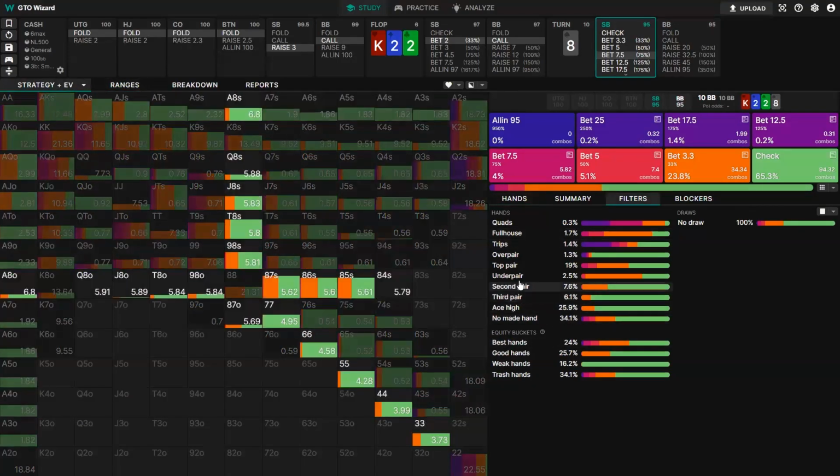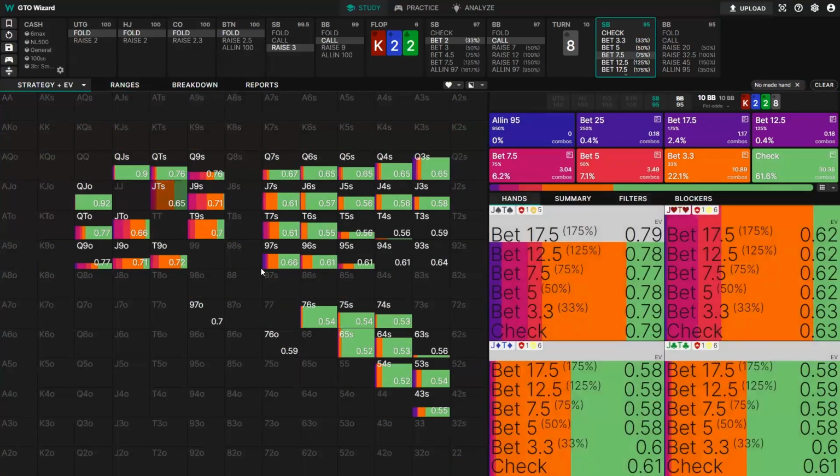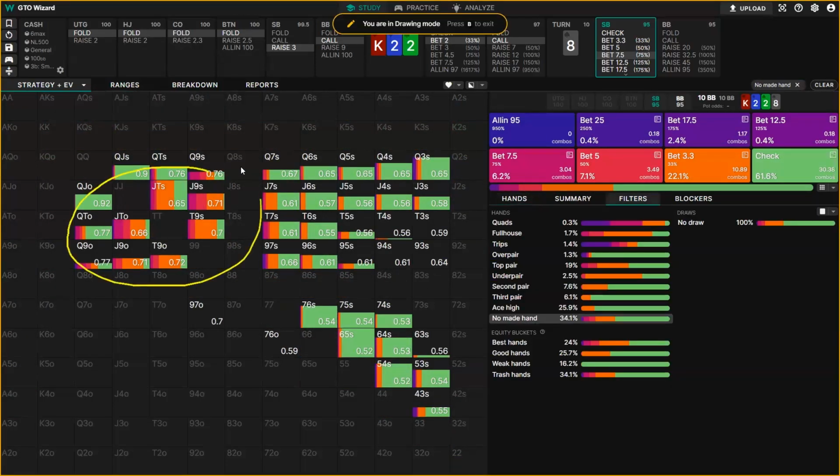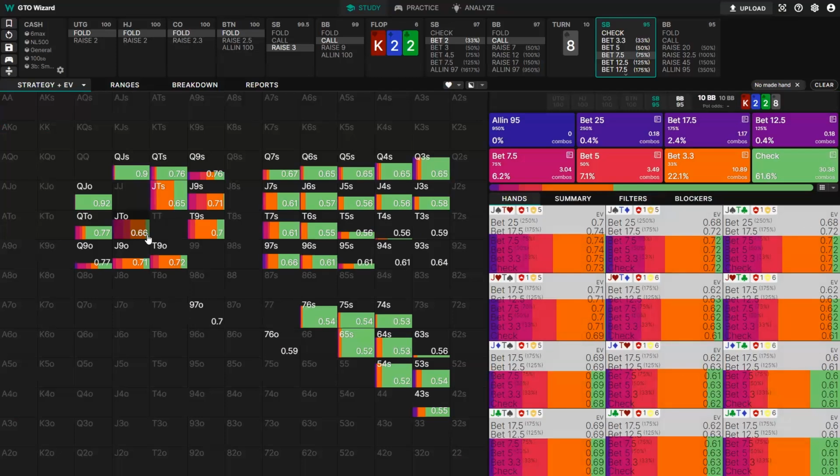So we'll see ace high. Well, that's more so value, to be honest. But when we go to no made hand, really, these hands are the most important candidates for betting. Why? Because they have two overcards to the 8, right? That's just what it is. And then these hands are still slightly profitable, or at least reasonably played as bets. So there's a caveat to how dry the board is, how wet the board is.